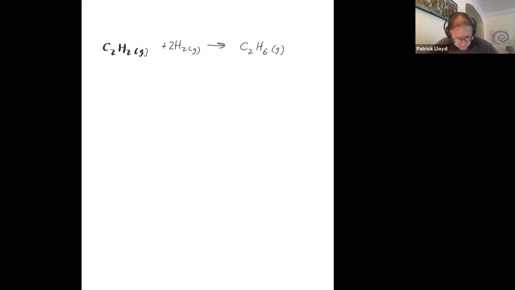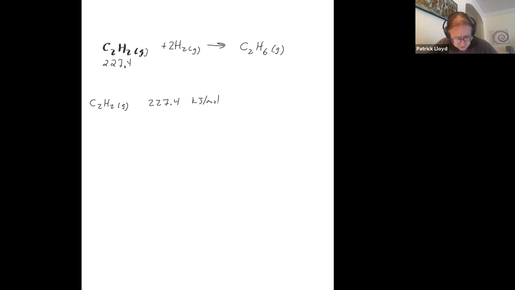So I'm going to look them up. And it's 227.4. And this is in kilojoules per mole. So I'm looking these values up. So I'm going to write them underneath it, 227.4.